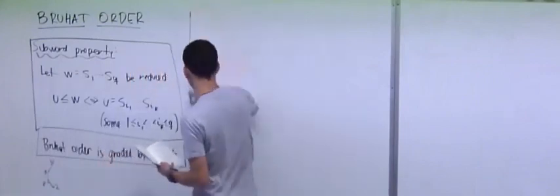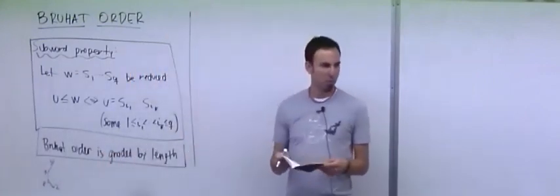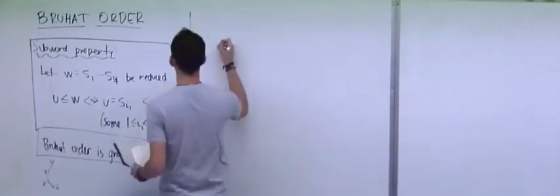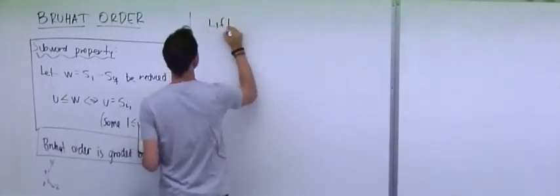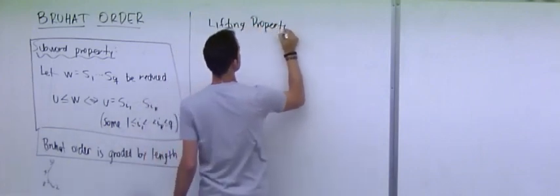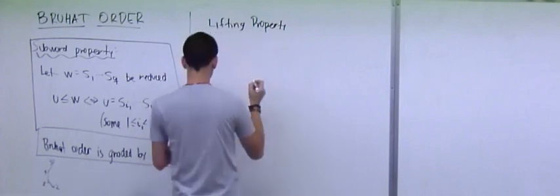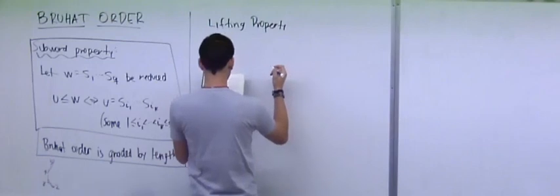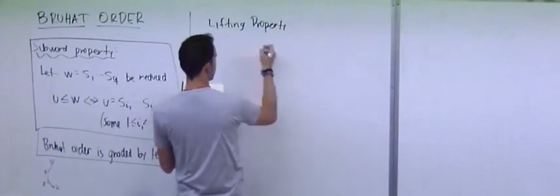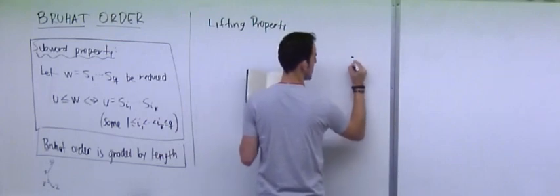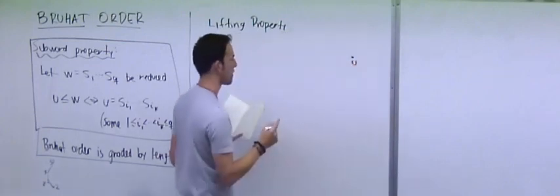So today I want to prove a few more properties about the Bruhat order, and one of them is called the lifting property. And it says this. Maybe the best way to describe it is with a drawing of the poset.